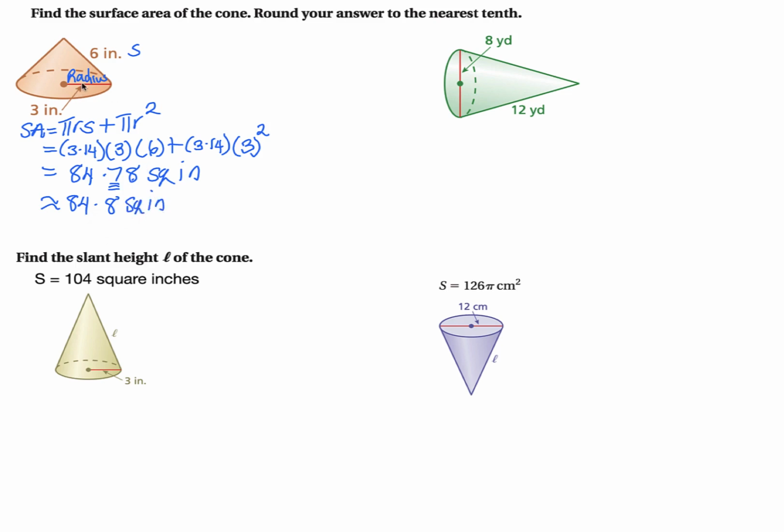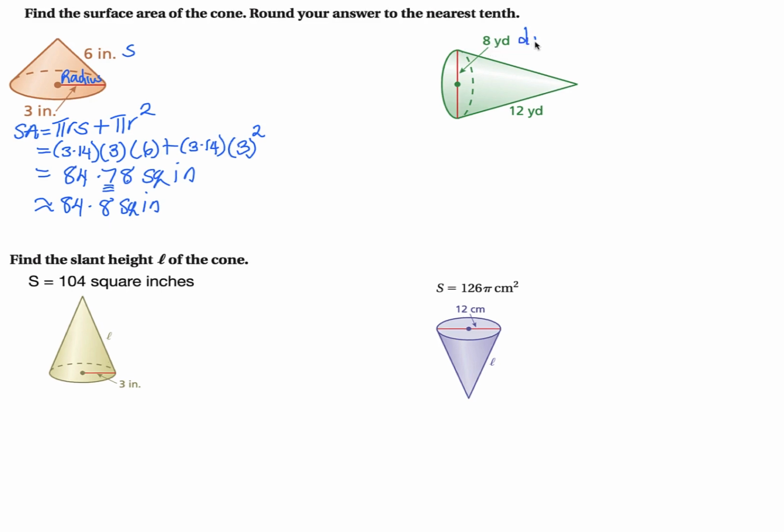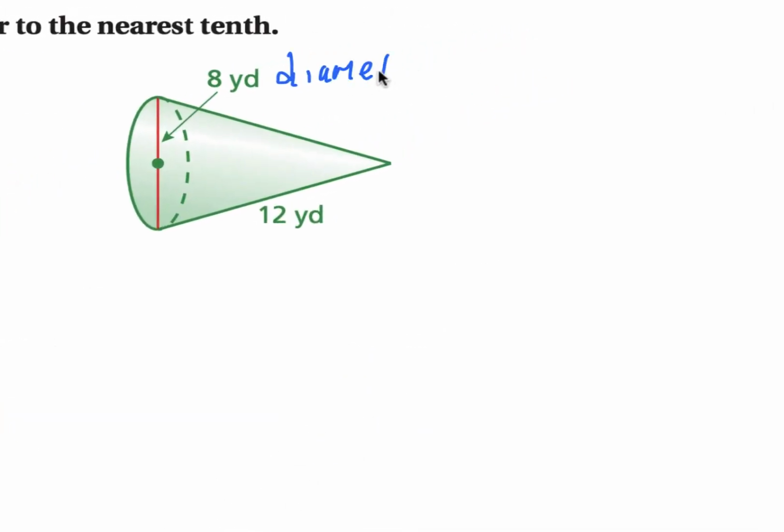Now, because a cone has a circular base, they can give you radius or diameter. So I made sure to give you a cone that has diameter. This red line that is cutting the base of your circle in half, which is 8 yards, is your diameter. If you notice in the formula for surface area, there's no D, there's only R, which means we have to do a first step by finding the radius.